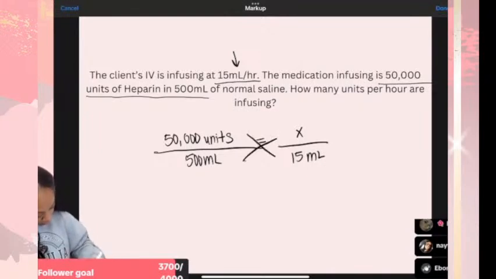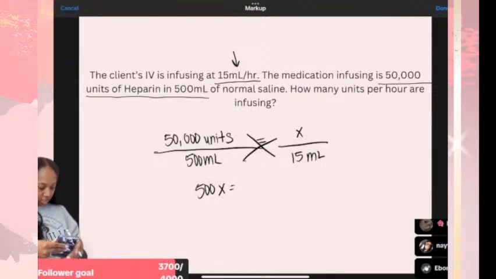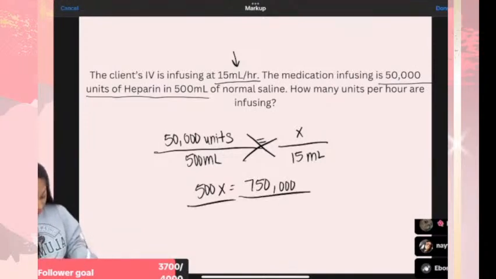So we'll cross multiply. So 500x equals whatever 50,000 times 15 is. Big number, big number. Okay, so you have that. Then you would divide both sides, because it's an equal sign.